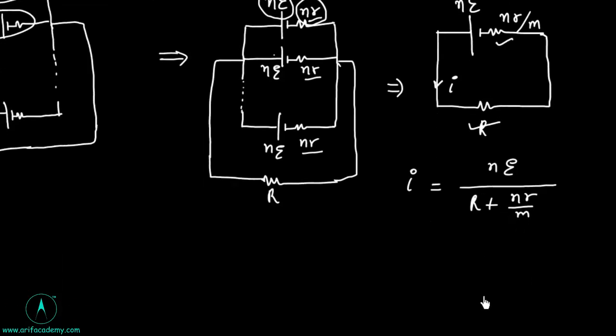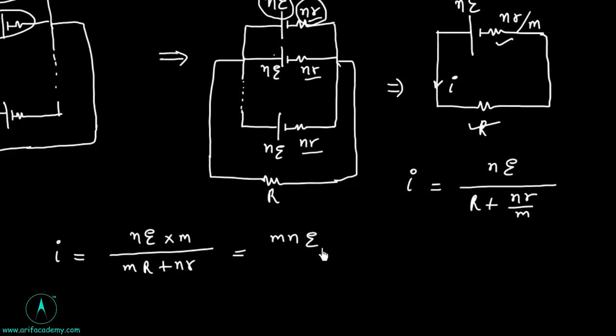This can be written as I = nE/(R + nR/m), that is, I = mnE/(mR + nR). So this is the current drawn from the equivalent cell.